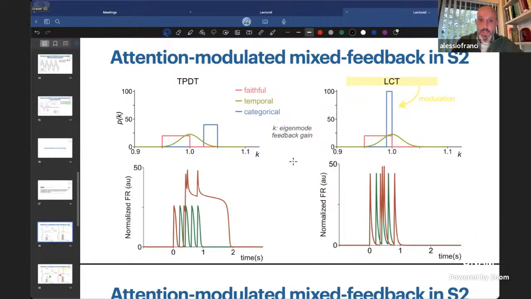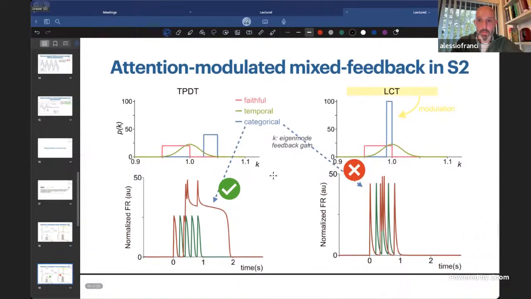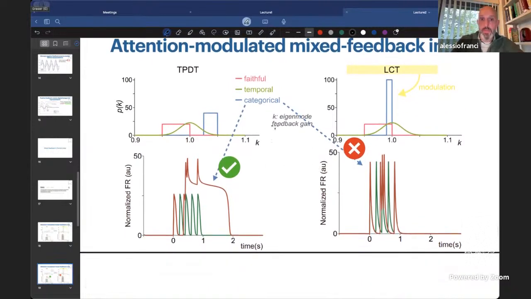When you do this in this model, you see that when the positive feedback gain of these eigenmodes is large, you have these beautiful and robust categorical responses. When you turn down this positive feedback gain, all types of categorical response disappear, and everything becomes very faithful, or at most temporal, in S2 dynamics.